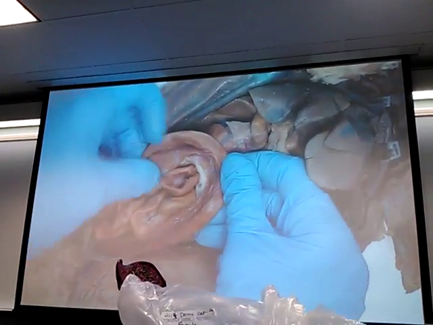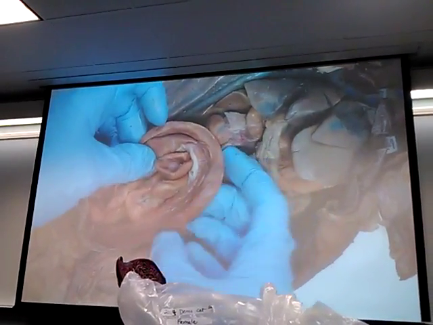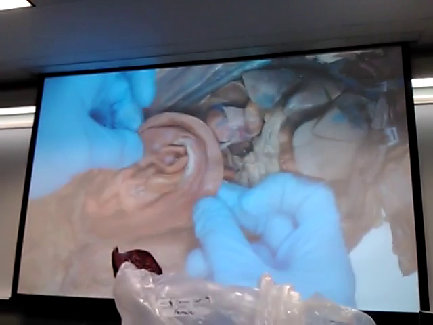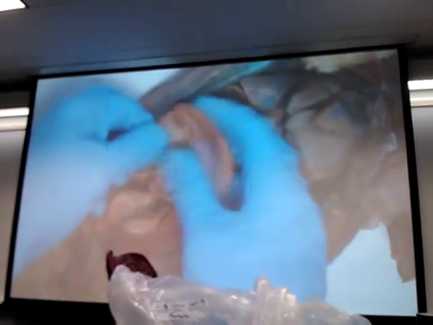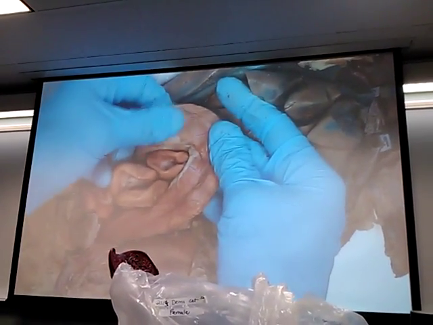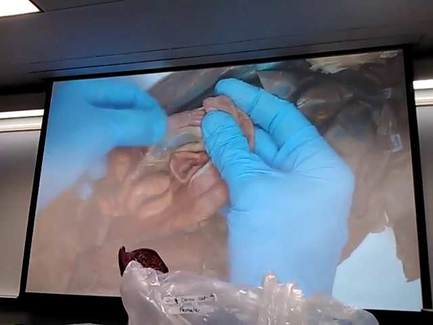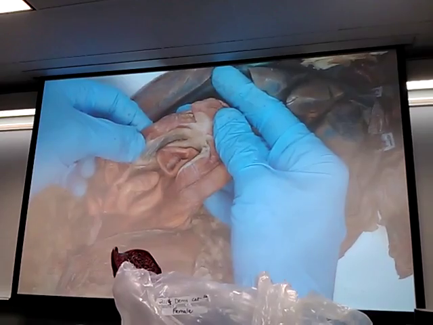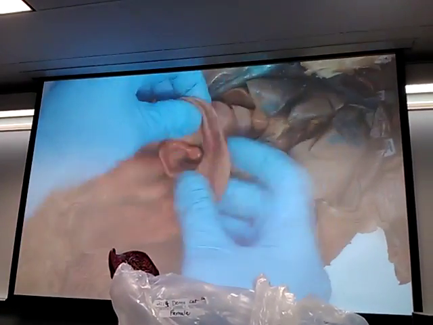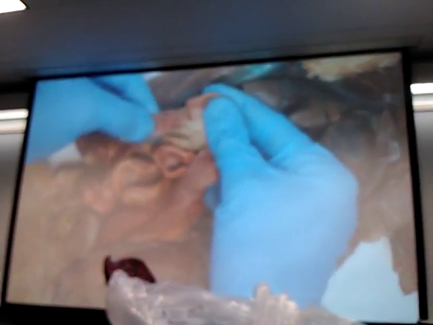So you can find the cecum, the ascending, the transverse, the descending colon, and the flexures. So this is the very beginning of that colon, the cecum. So right here then is the ileum coming in. Okay? So find the colon first, then backtrack and find the ileum.